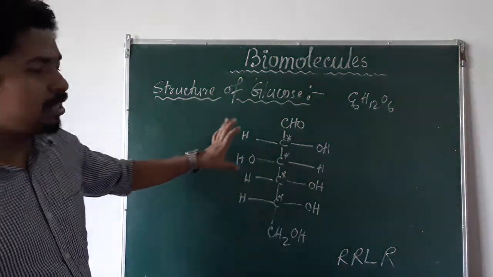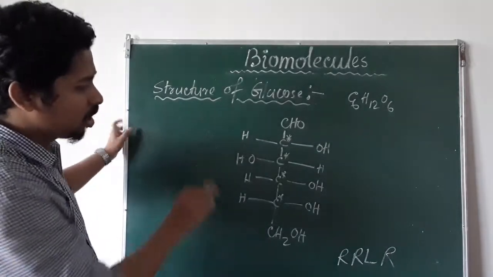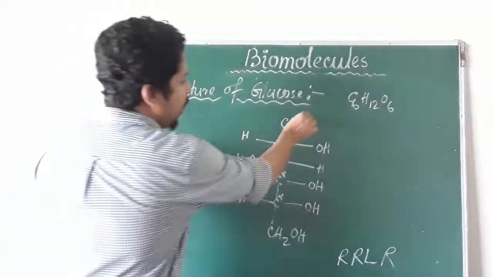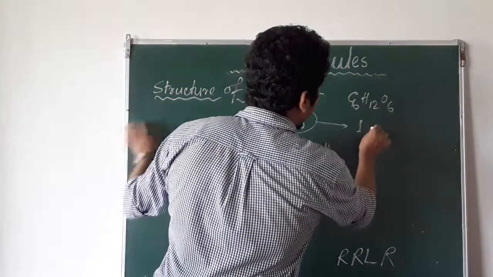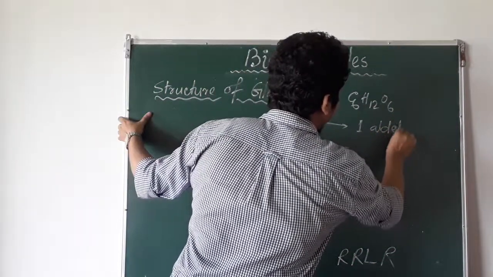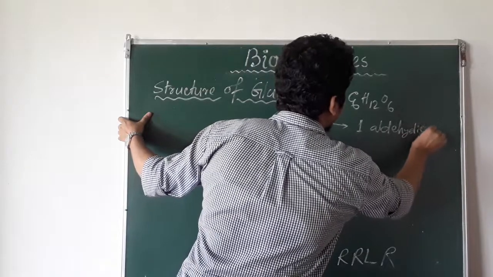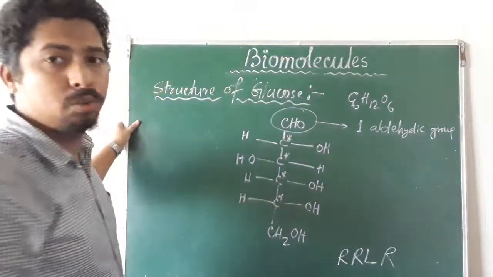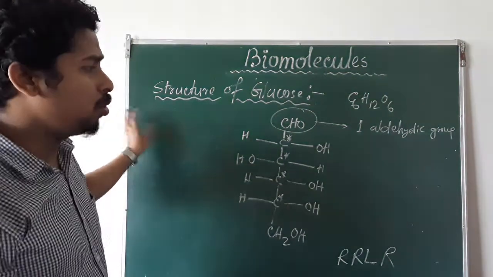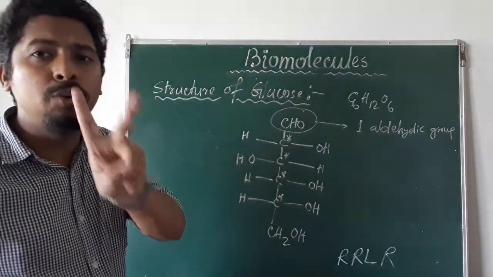Now if you see the structure of this glucose, it contains one aldehyde group. Next you see it contains 4 secondary alcoholic groups.